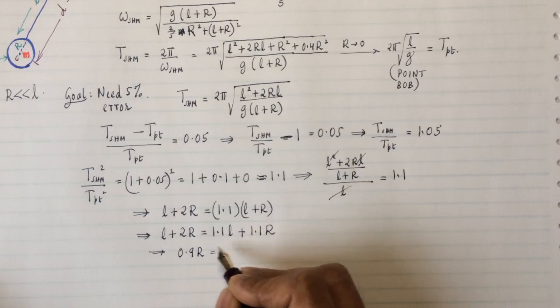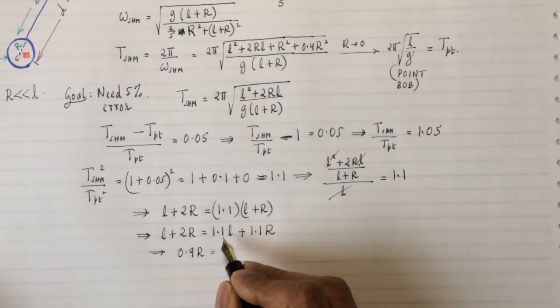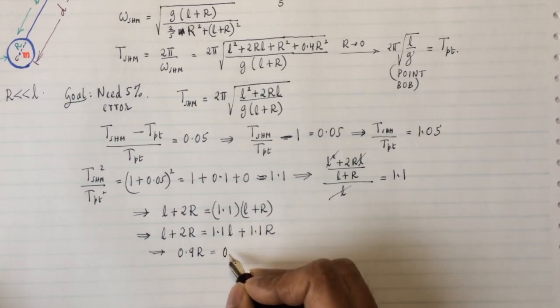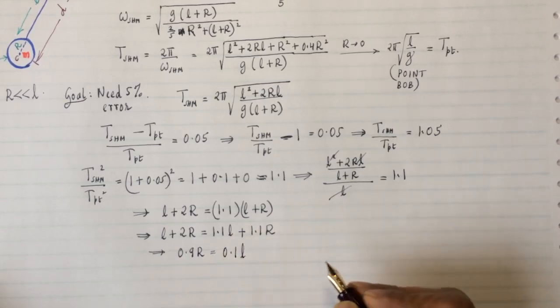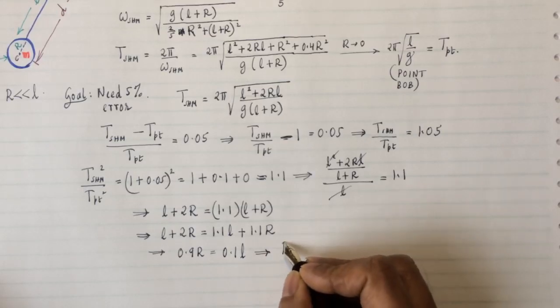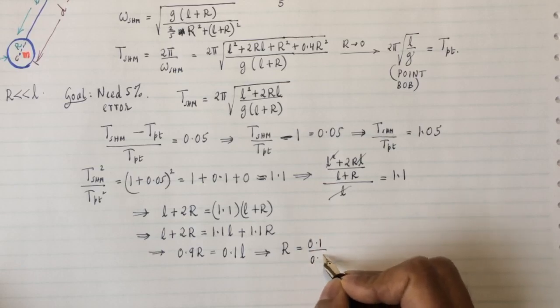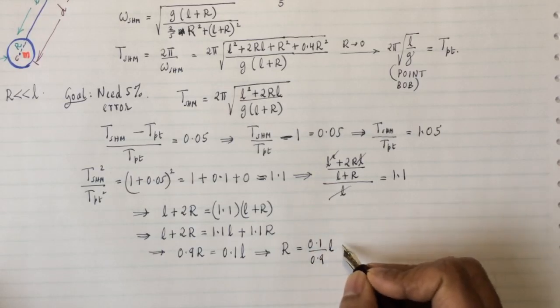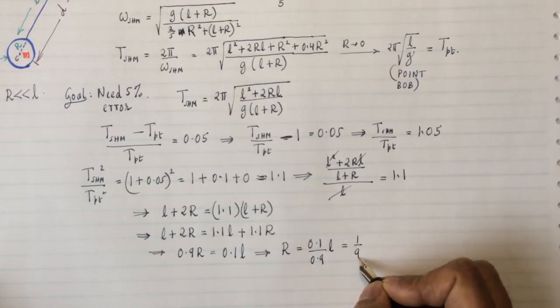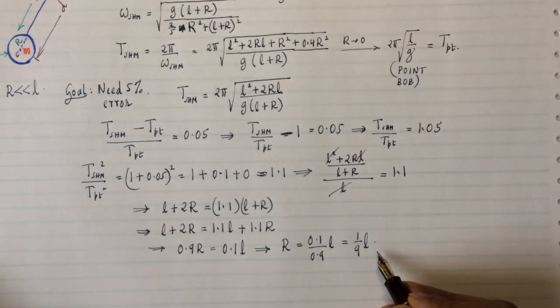And this L I can take to this side, so that becomes 1.1 minus 1, which is 0.1 L. So that gives us R must be equal to 0.1 over 0.9 L. In other words, R must be equal to 1/9 the string portion of the pendulum.